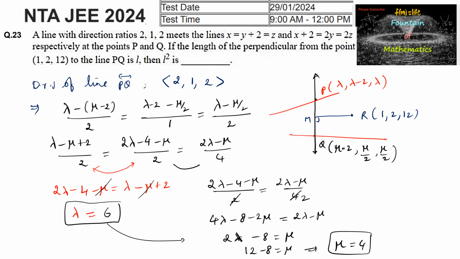So we get the points here. This point P can be taken as 6 comma 6 minus 2 is 4 comma 6, and point Q can be taken as mu minus 2, that is 4 minus 2 is 2 comma 4 upon 2 is 2 and 4 upon 2 is 2. So the point P is 6 comma 4 comma 6 and point Q is 2 comma 2 comma 2.